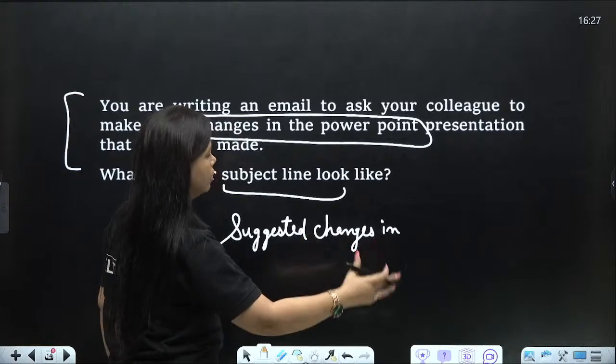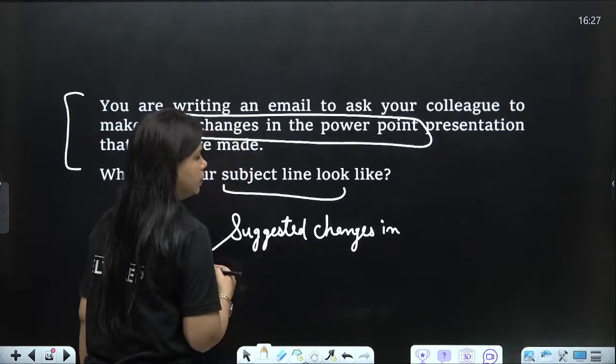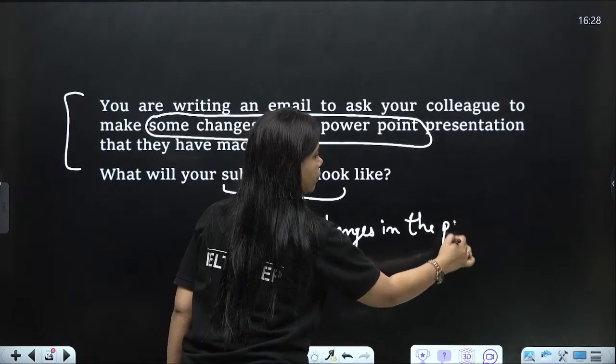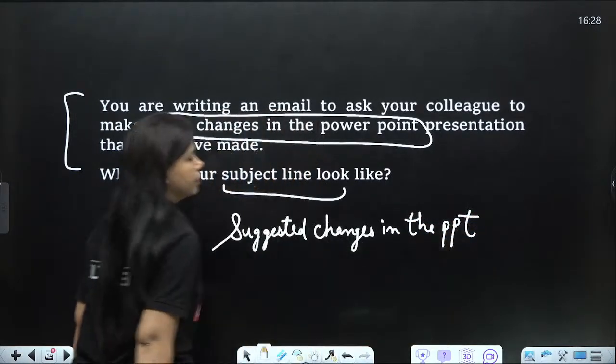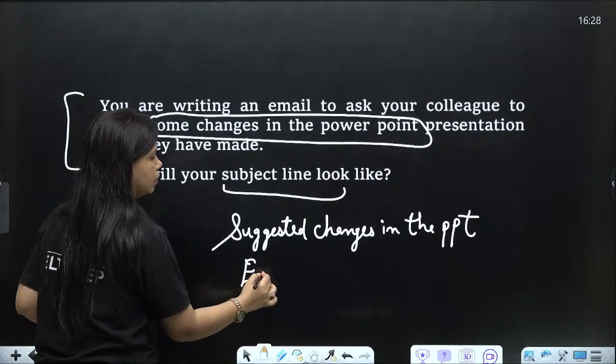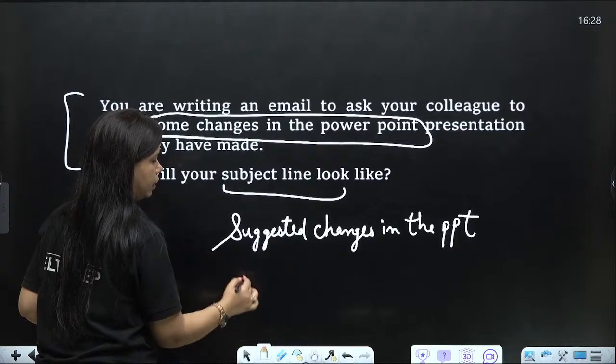You can say "in some slides," or you can say "Suggested changes." Simple. Let's keep it simple. "Suggested changes in the PPT." Okay, you can also say "edits." If not edits, you can say "suggested edits."